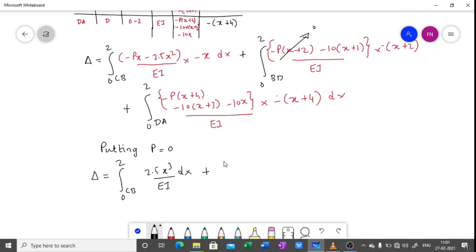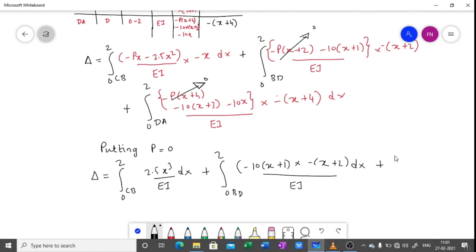So you are left with minus 10 into x plus 1 into minus x plus 2 divided by EI dx, plus here also this portion will be 0 because P is 0.